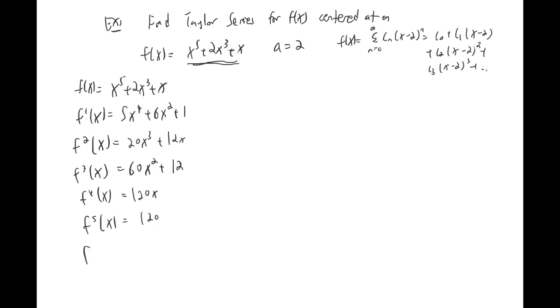Can anyone tell me from here what f6 of x, f7 of x, f8 of x, what everything onwards is? Because if f5 is 120, f6 is the derivative of 120. So what's the derivative of 120?